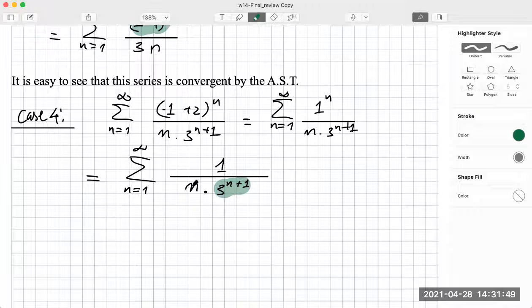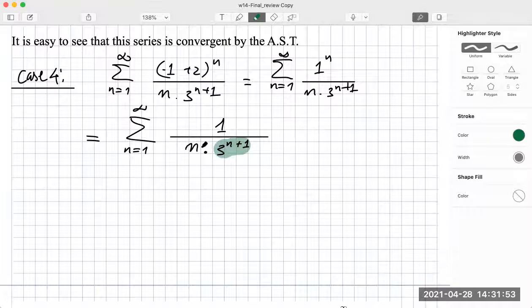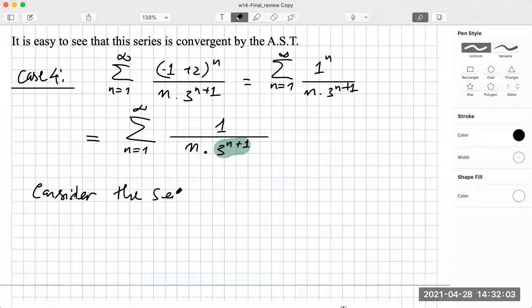The denominator has another n right here. So that is why we consider this series, 1 over 3 to the n plus 1.